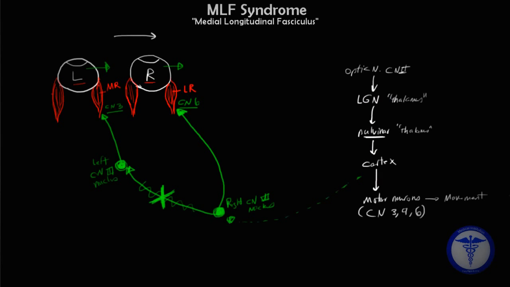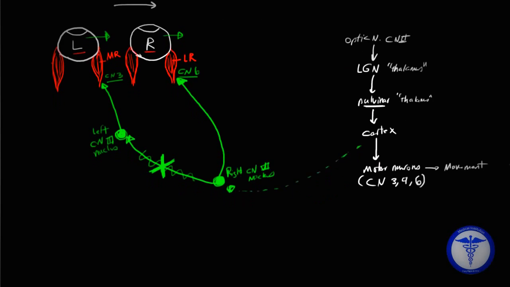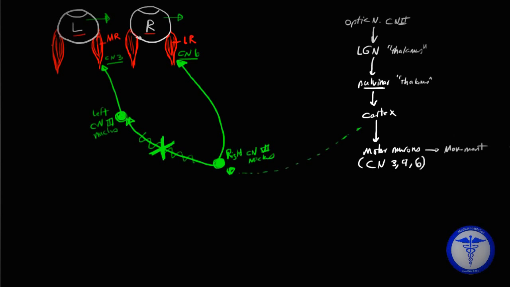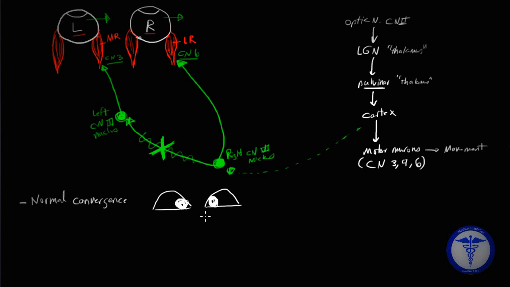Now, another high yield piece of information that you must know about MLF is that in patients with MLF syndrome, convergence is going to be normal. Okay, so they have normal convergence, meaning that they can look medially with both eyes without a problem. So something like this. Okay, they can look medially without a problem.